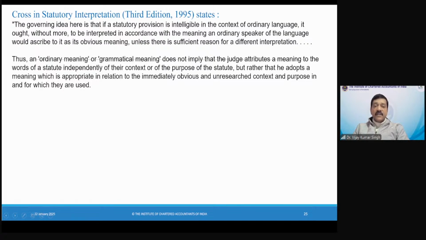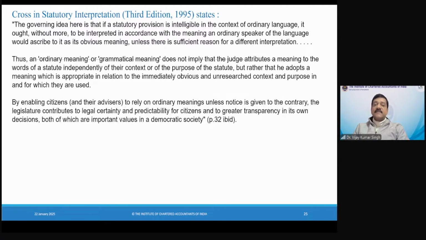Thus, an ordinary meaning or grammatical meaning does not imply that the judge attributes a meaning to the words of a statute independently of their context or of the purpose of the statute, but rather that he adopts a meaning which is appropriate in relation to the immediately obvious and unresearched context and purpose in and for which they are used.